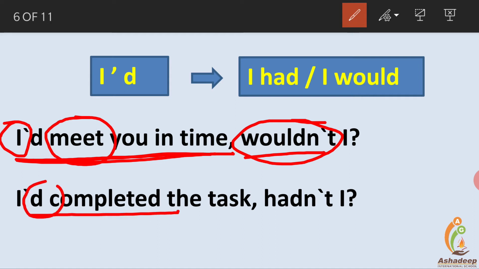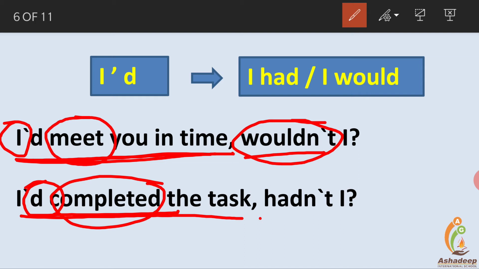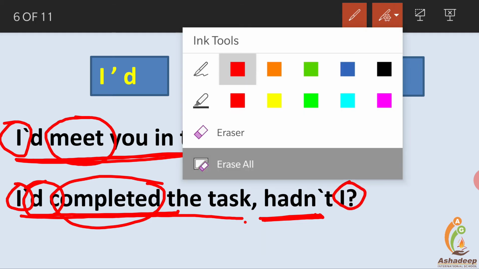Here 'd is had because it's the past participle form, the third form of the verb is used here, and that's why 'd will be taken as had. Now the full sentence is positive, so here it will be the negative form hadn't, and the subject is I.